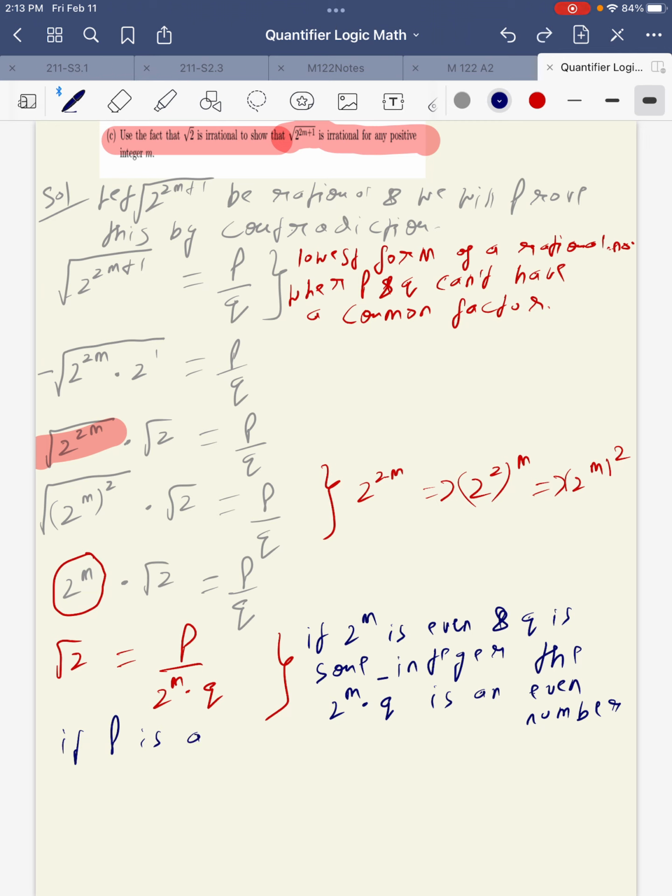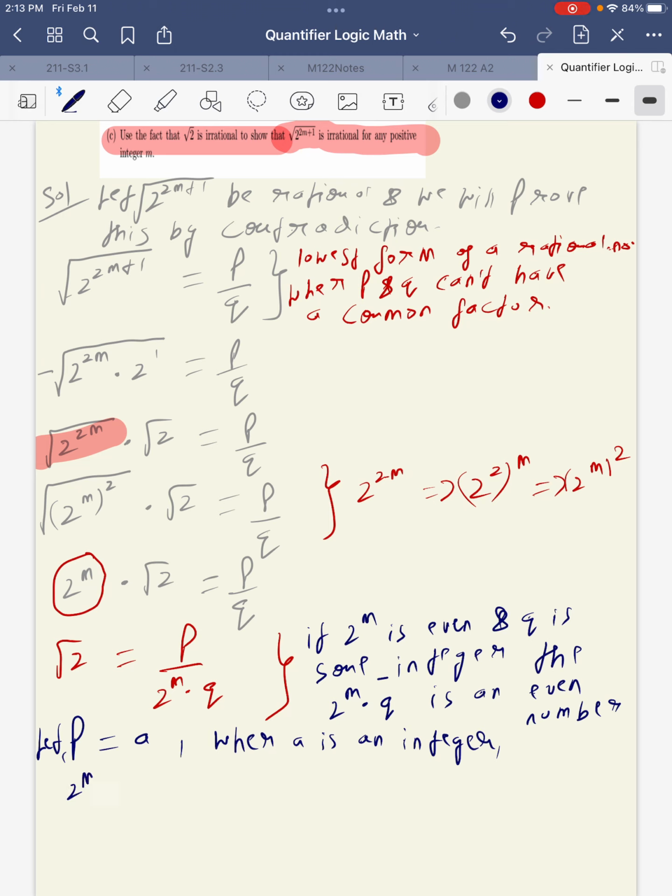To make it simpler, we'll let p equal a, where a is some integer, because if p is an integer then a is an integer as well.